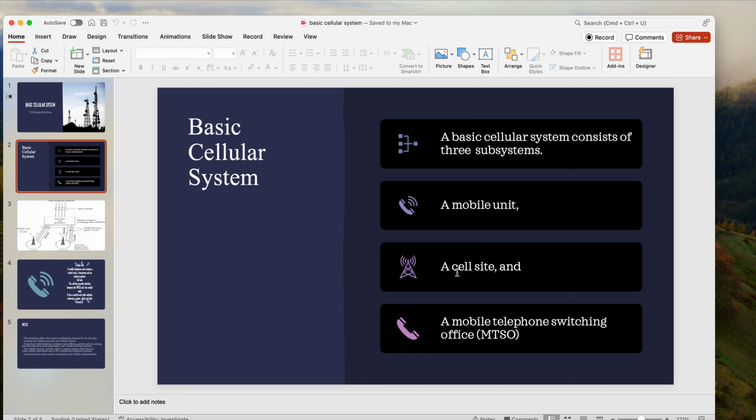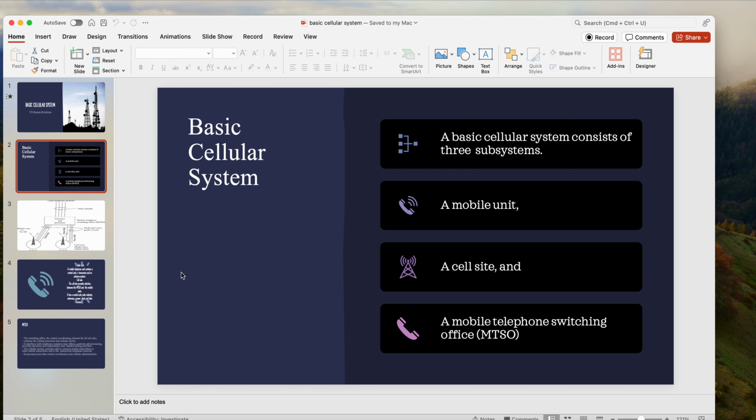There may also be some modulation process or multiplexing process which has to take place at the cell site. In order to do all these purposes, we also need one control subsystem.